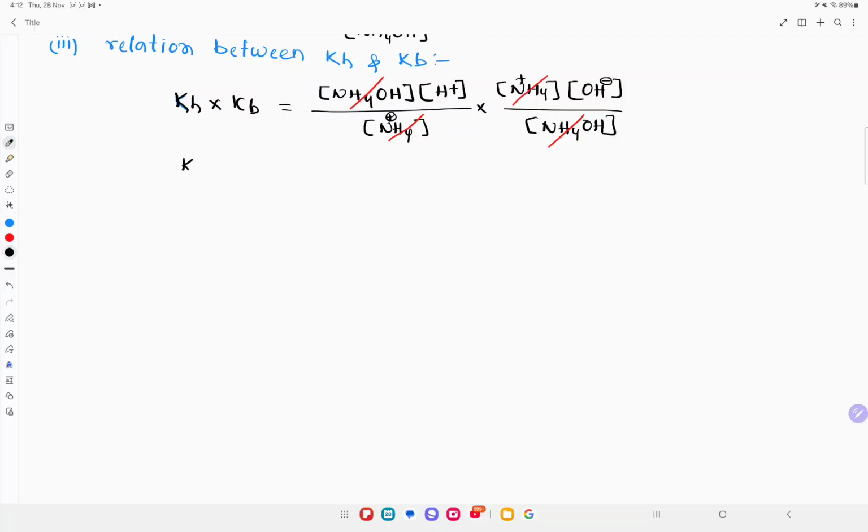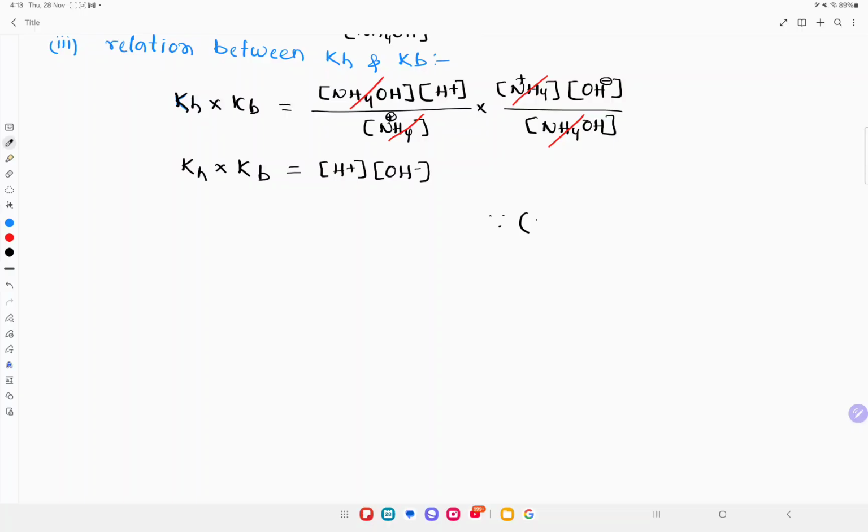So Kh into Kb is equal to what? Molar concentration of H plus into molar concentration of OH minus ion.